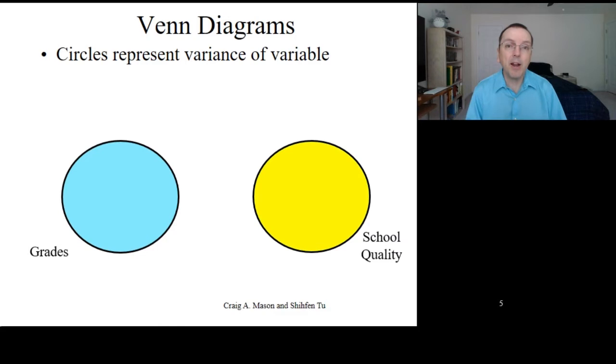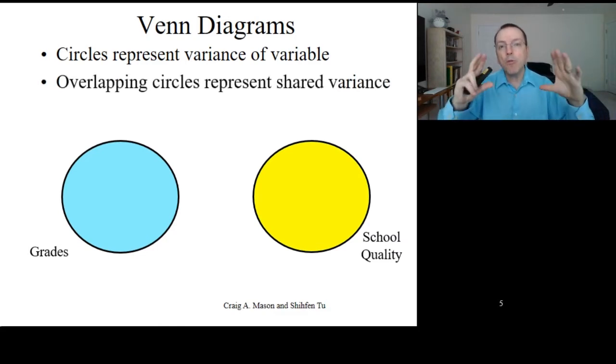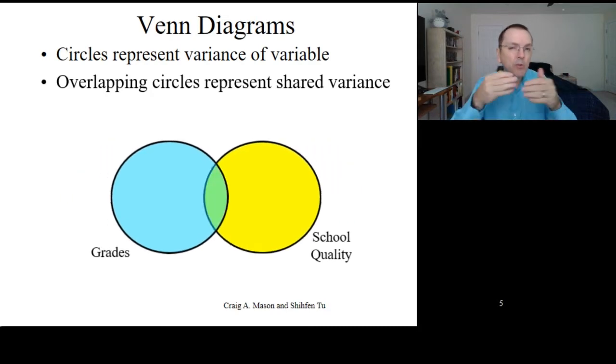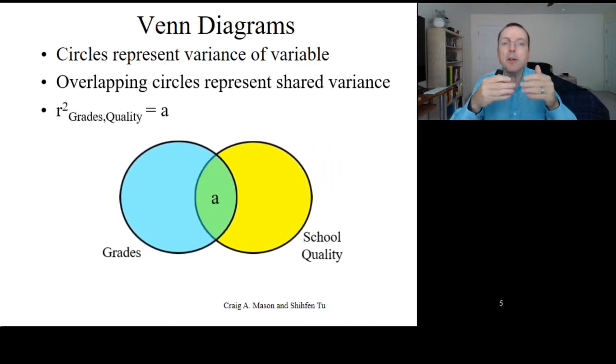In Venn diagrams, we illustrate this by having the two circles overlap by the same amount that's equal to that shared variance. So if grades and school quality are correlated, the two circles will overlap with the proportion of each circle overlapping equal to the R squared.